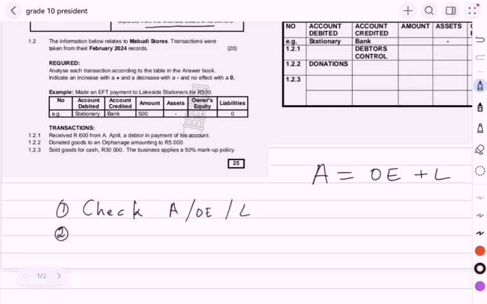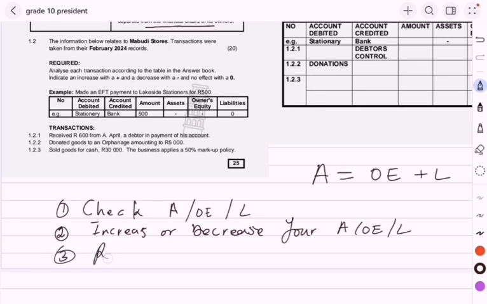The second step, you check whether it increases or decreases your asset, owner's equity, or your liabilities. Then the last step, of course, you just have to record your transactions. Right. So now with these 3 steps, let us quickly use them to tackle our three beautiful questions there.